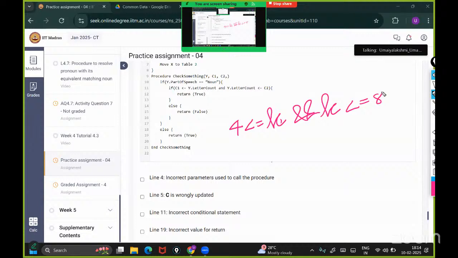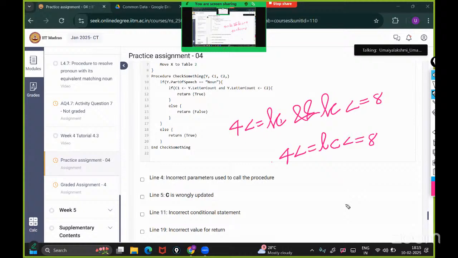Of course, because they said that it has to be minimum 4 and maximum 8. So more precisely, I can write it like this: letter count less than or equal to 8. So this is separated into 2 statements. Is this correct? Yes, ma'am.